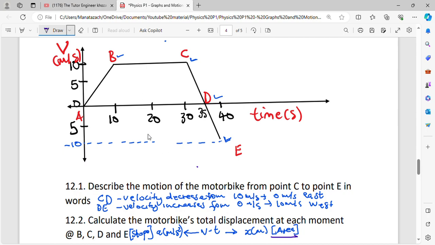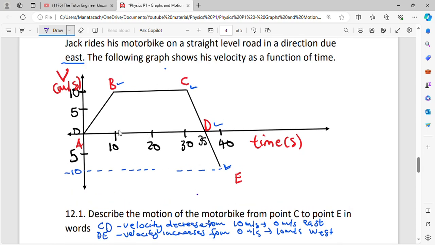So let's write next to the graph for simplicity. The area between point A and B is this triangle here. So we'll say the displacement between A and B is equal to half base times height.